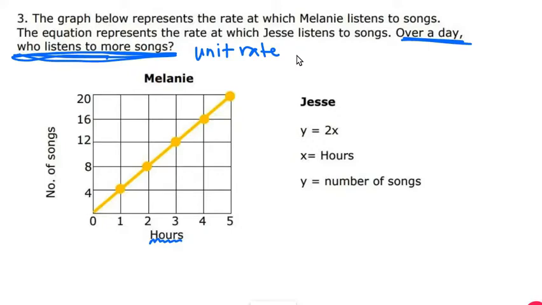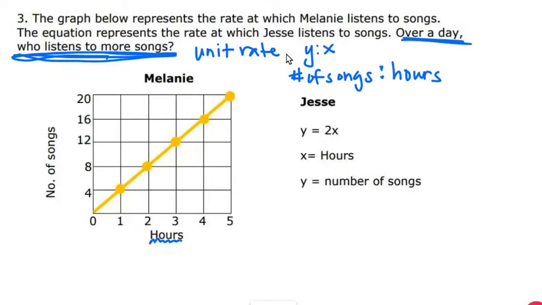Okay, so we're going to find the unit rate. That's the first thing we'll do. And again, like I said before, you can start with the unit rate for all of these. Remember, our ratio is always y to x. So in my situation here, y is the number of songs, x is the hours.